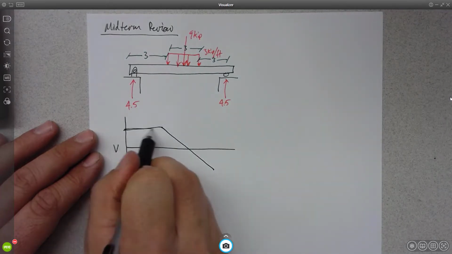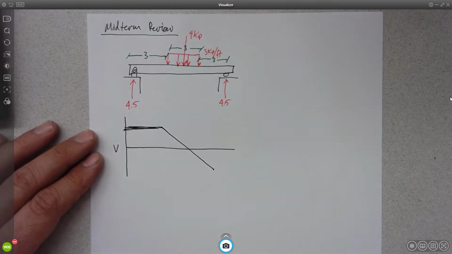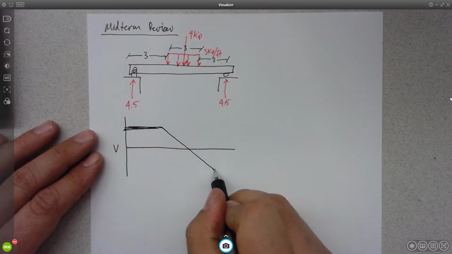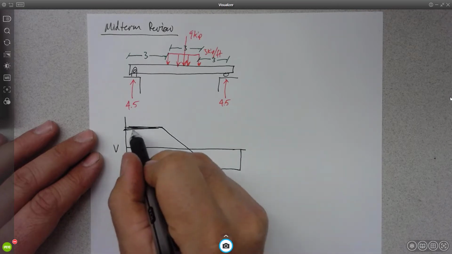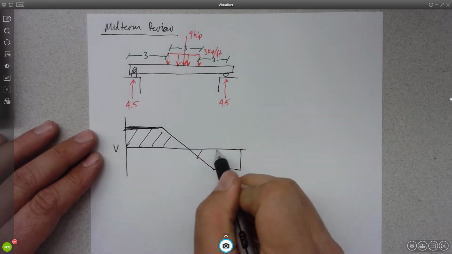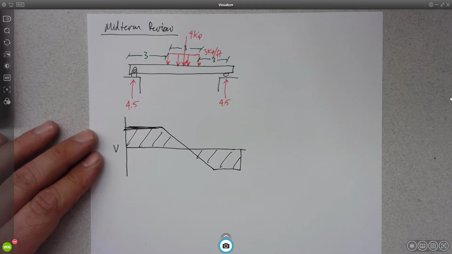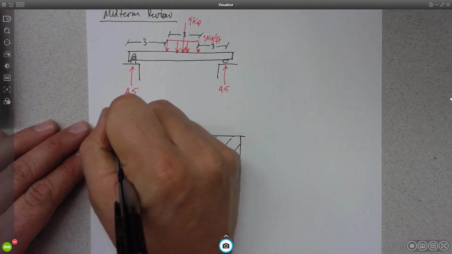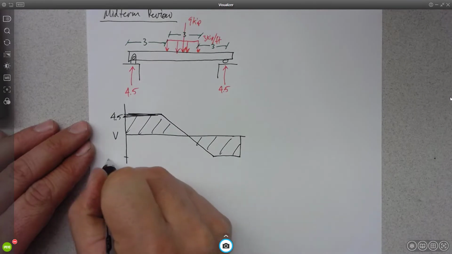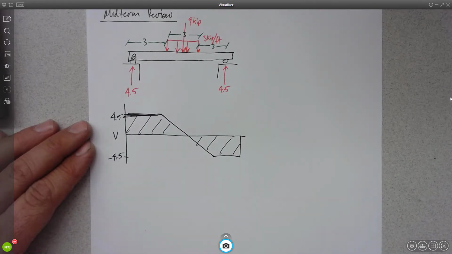Sorry, this should be a horizontal line. And then nothing happens, and then I jump back up. Where this is 4.5, and this would be negative 4.5.